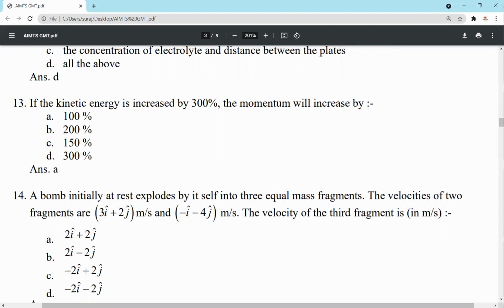Now question number 13. The kinetic energy is increased by 300%, the momentum will increase by? A very common question. Kinetic energy is P square by 2m. Increased by 300% means (KE2 minus KE1) by KE1 equals 300 by 100.